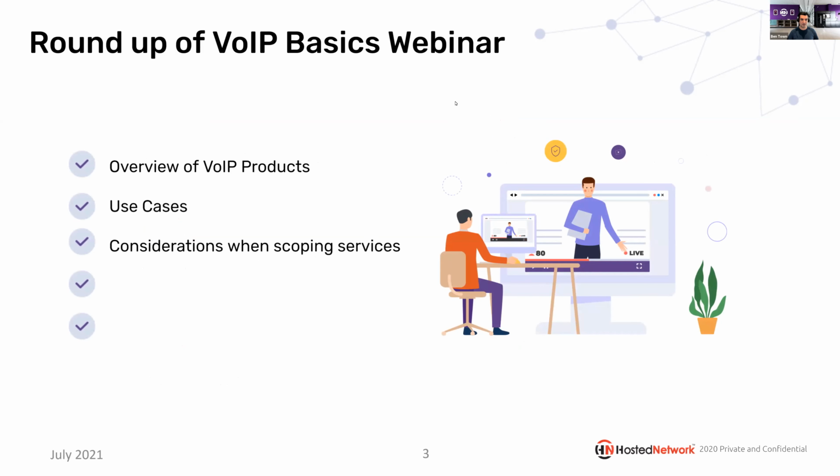All right, so I'm just going to add all this to the screen. A quick roundup of last week. We covered our overview of our VoIP products. Very quickly, we have our VoIP bundles, which are our unlimited mobile, local, and national calls, and they include the handset.